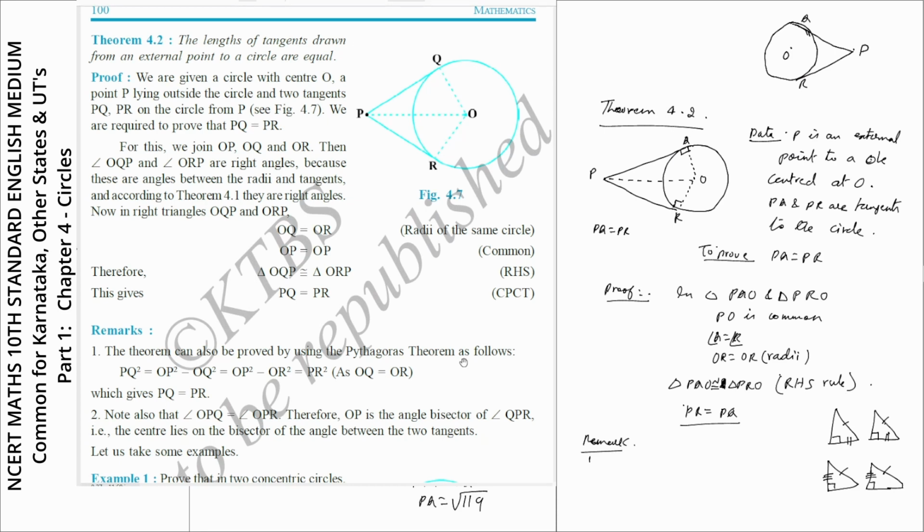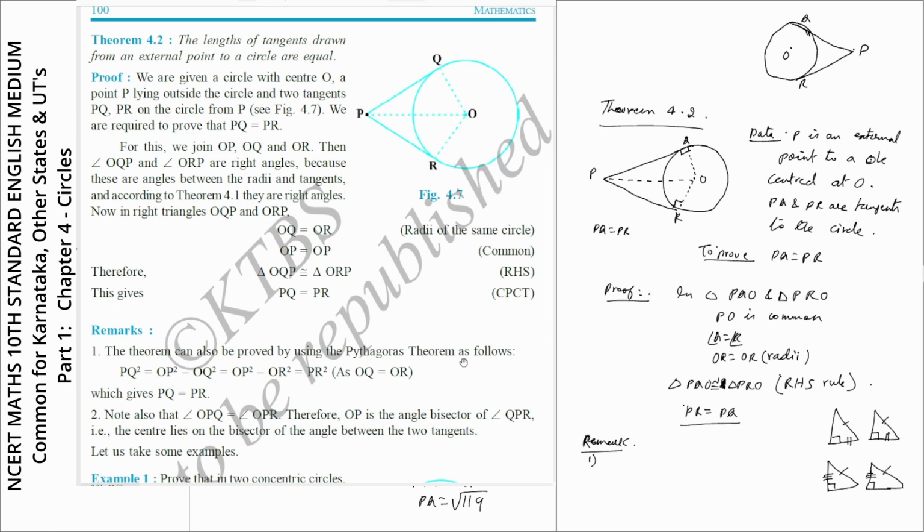Remark 1. The theorem can also be proved using the Pythagoras theorem as follows. See triangle PQO. In triangle PQO, angle Q is 90 degrees.